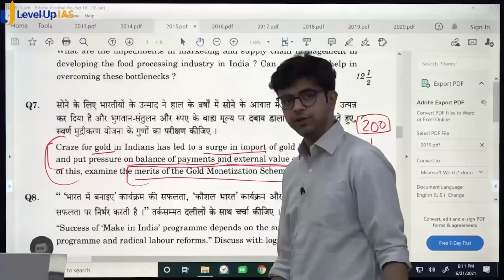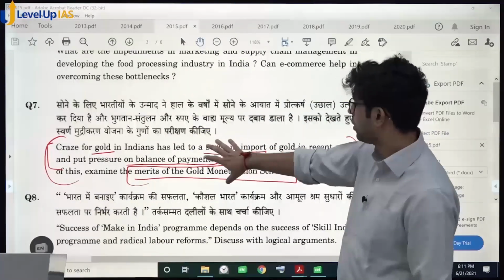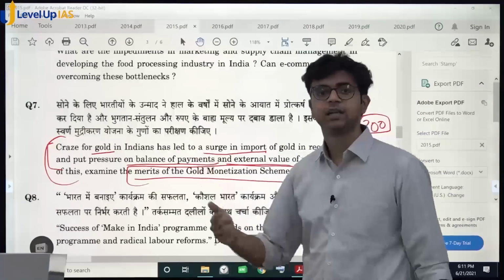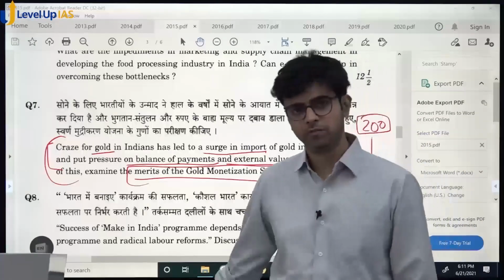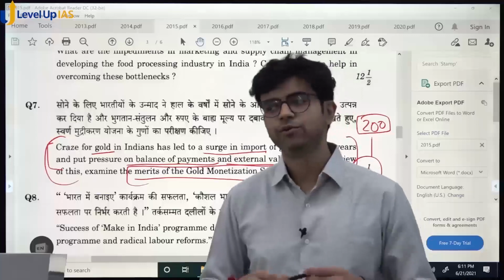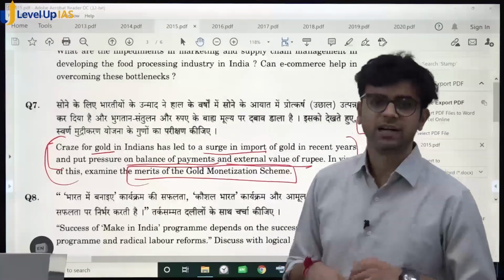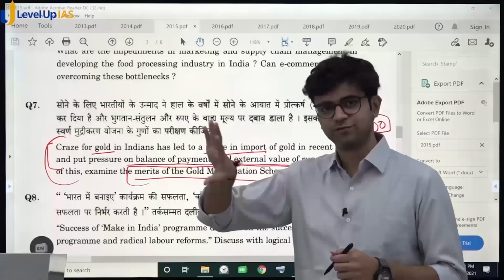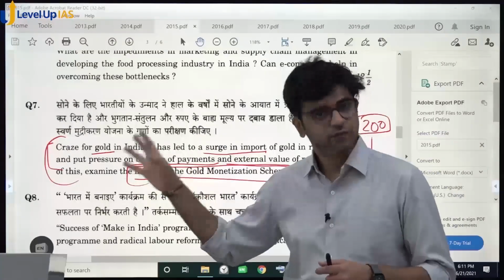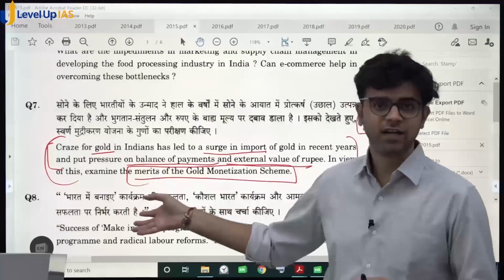See, they have not asked you here the reasons for the craze for gold in Indians. But just imagine, if you are reading a newspaper article on the gold monetization scheme, or a big piece on it, how do you think it will start? It will start with words like: Indians love gold, big fat weddings or celebrations like festivals like Diwali and all.